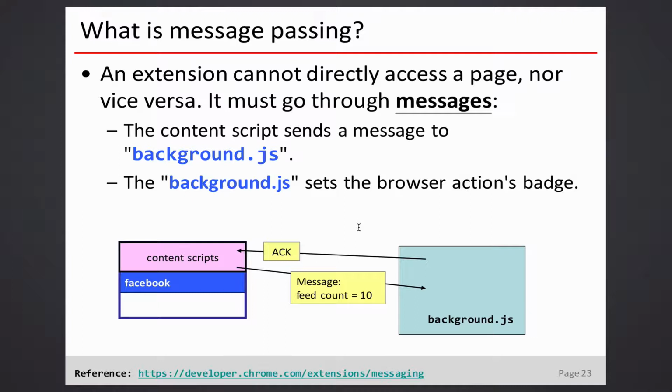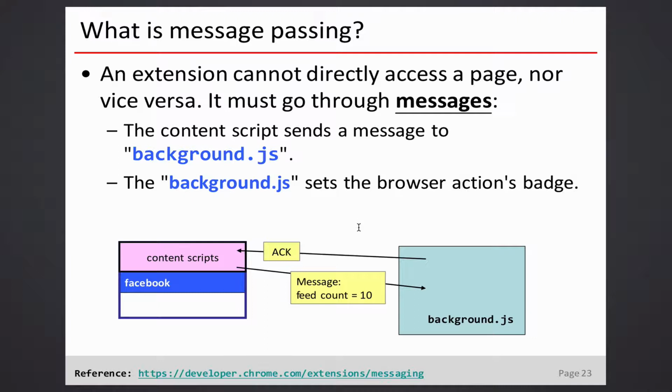I can only give you a high-level idea. Of course, I read the entire documentation and wrote the app to try the idea. So the idea is like this. Who triggered the thing? The trigger is from the content script. The content script you load is independent of Facebook. So you load something on the Facebook page, gather a number, and then you create a message.